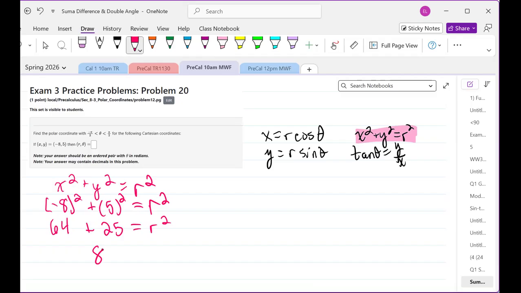So we get r squared is 89. And then we square root both sides. And we have that plus or minus question. Right now, we're just going to leave it at plus or minus. We'll decide whether we want the positive or the negative after we figure out our angle and compare it to where the coordinate point is.